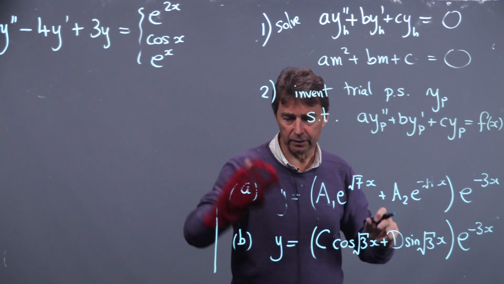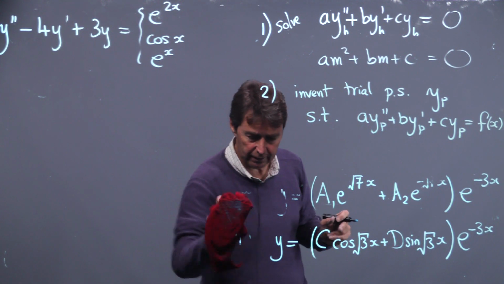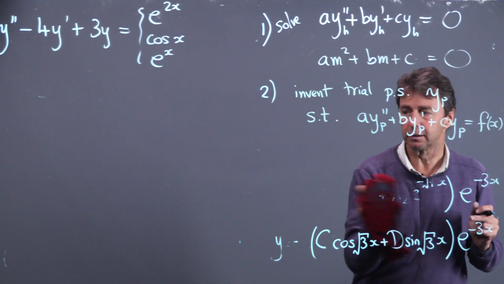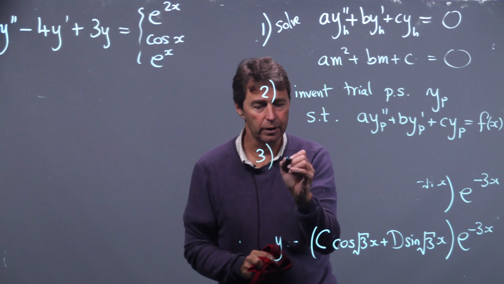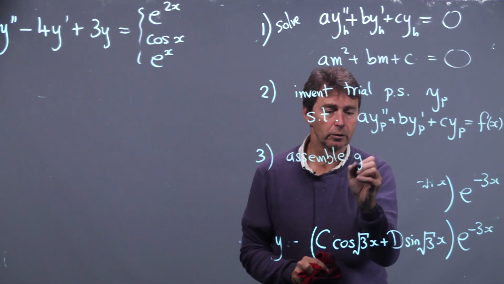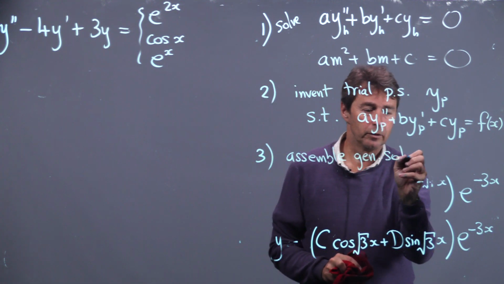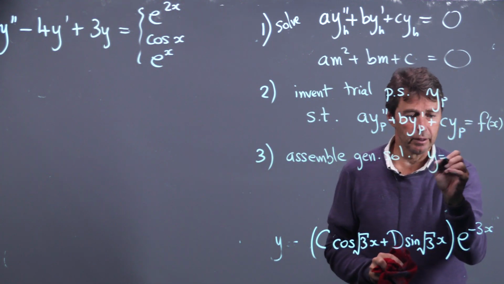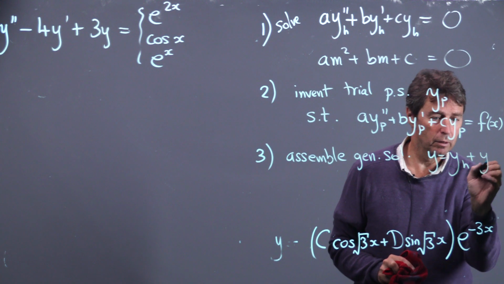When I feed it into the left-hand side, that's calculating the particular solution. Having got the particular solution, I then assemble the general solution. And the general solution I get from simply adding them together. y is yh plus yp.